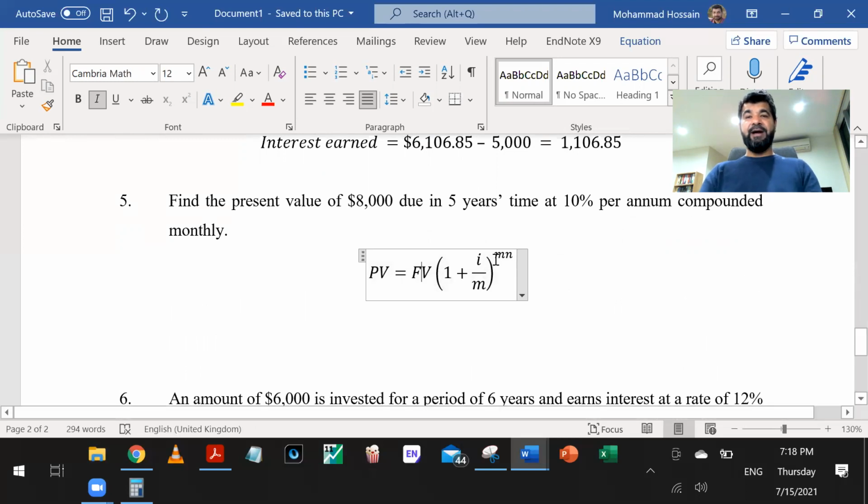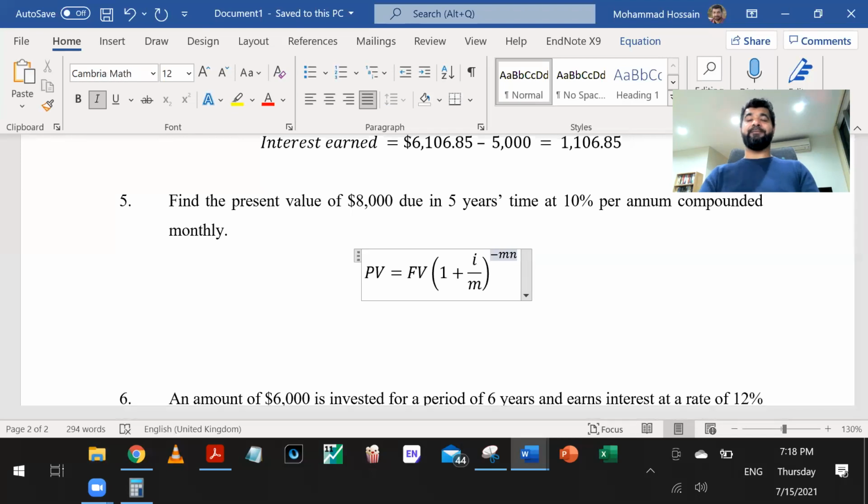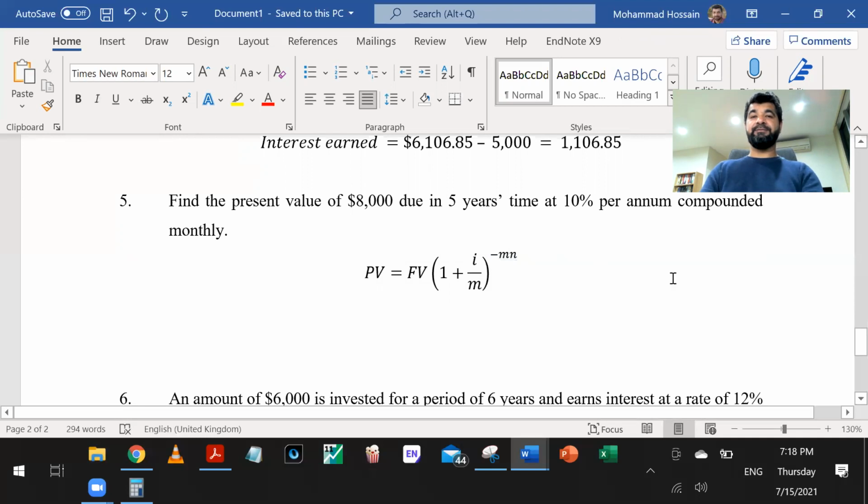It's the future value formula, but the exponent mn will not be mn anymore, it will be minus n. Okay, that's it.